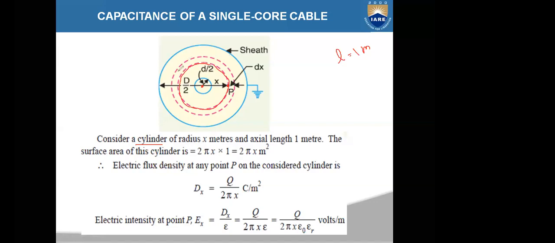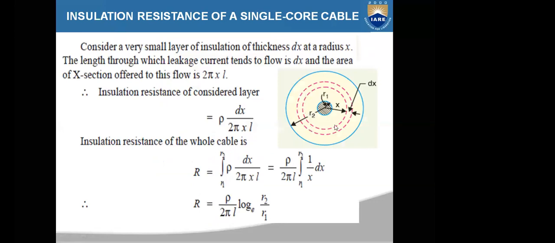Now the surface area of this thickness will be 2 pi x into 1 meter. While calculating the insulation resistance, we calculated the surface area as 2 pi x into L. Now in place of L you consider 1 meter length of the cable, so the value will be 2 pi x.